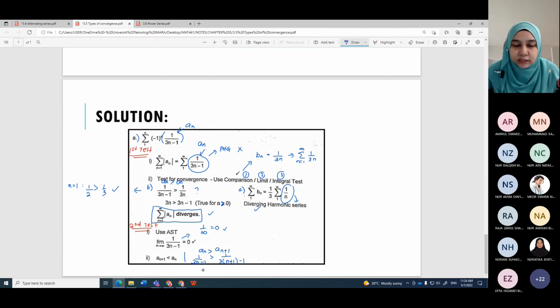Okay, then masukkan n is equal to 1. Okay, starting dekat n is equal to 1. Masukkanlah 1 over 2 greater than 1 over, okay, 3 times 2, 6 minus 1, 5. Okay, so it is true lah. Converge.